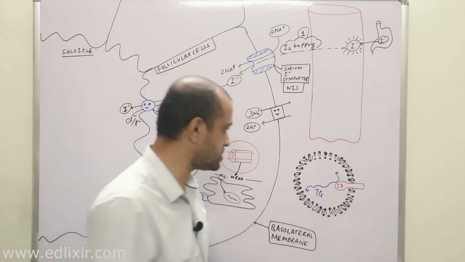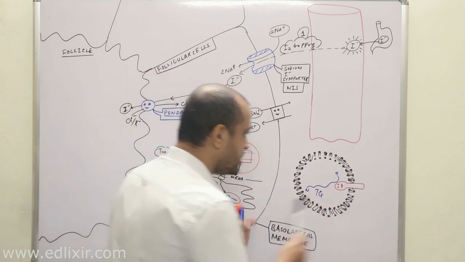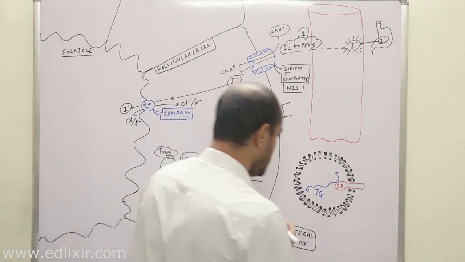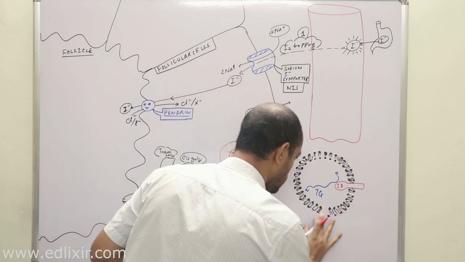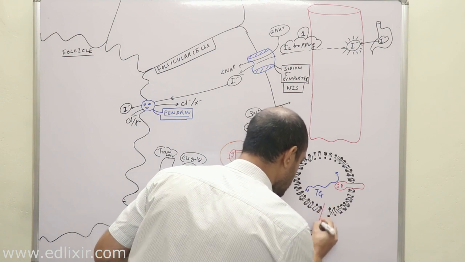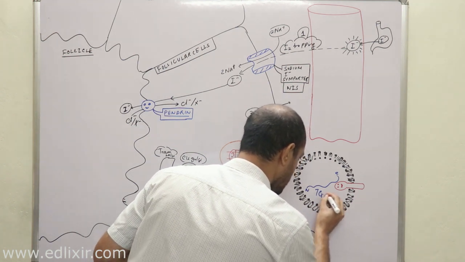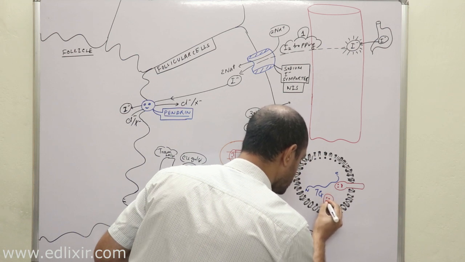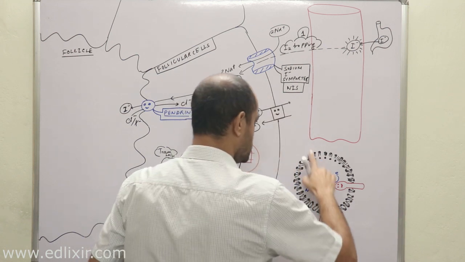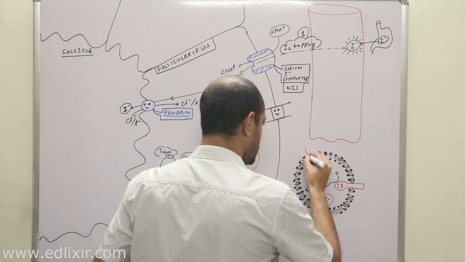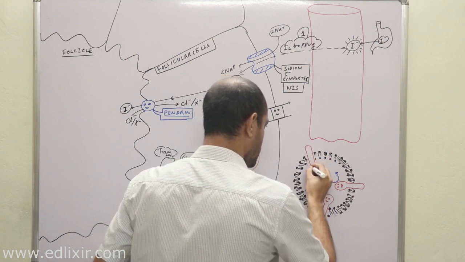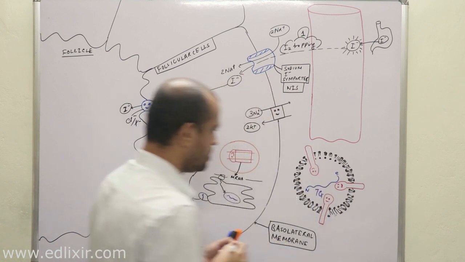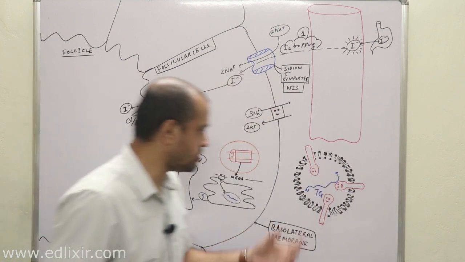Suppose there are many thyroid peroxidase molecules, and suppose this is another thyroid peroxidase molecule. So there are several thyroid peroxidase molecules associated with it.